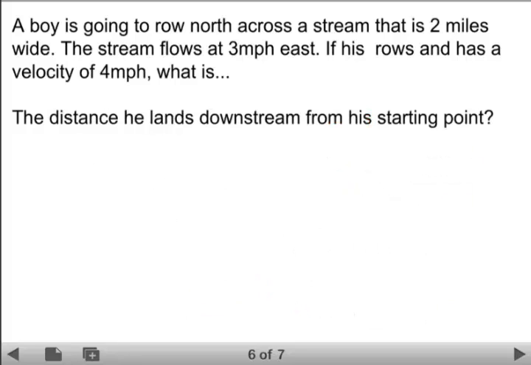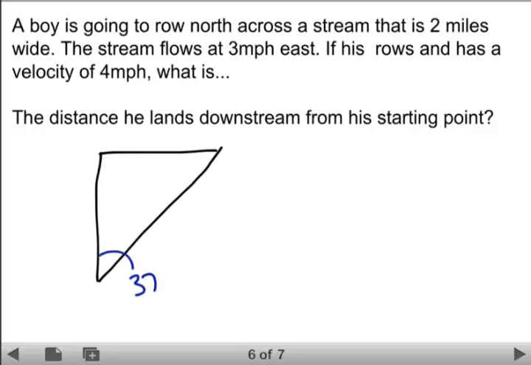Lastly, the distance he lands downstream from his starting point. So again, this is our same triangle. Knowing what we know about it, 37 degrees. Now think about it. Are we going to put velocities here or distances? We're looking for a distance. So let's put our distances on here. We know that this is 2.